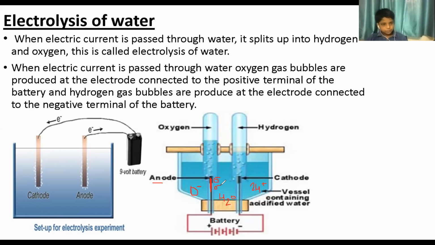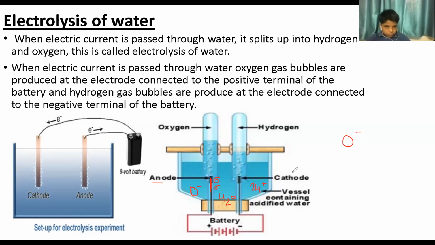Remember that oppositely charged rods and ions attract each other. जैसे negative ion है, this oxygen is negative, so it would be attracted by the positive terminal, or we can say by the anode.